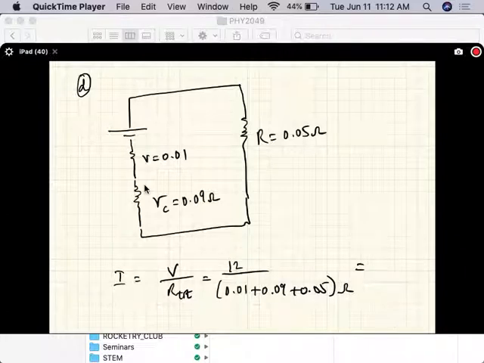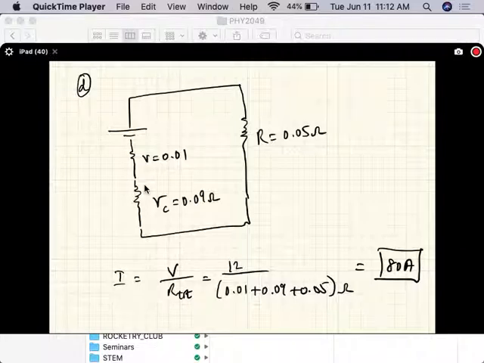Okay, and that is equal to 80 amps. So the current dropped from 200 amps to 80 amps because of corrosion at the terminals.